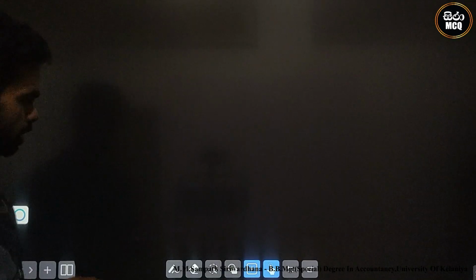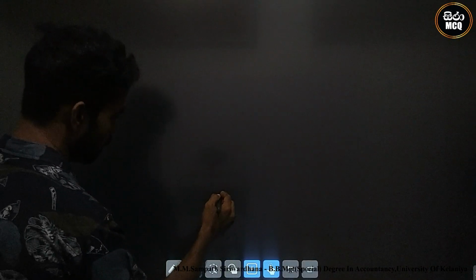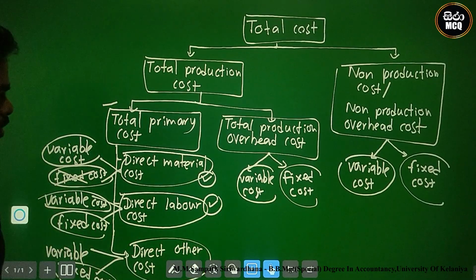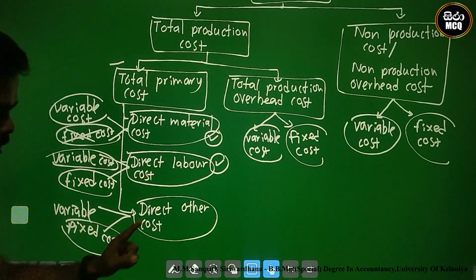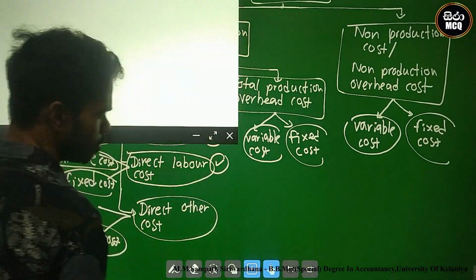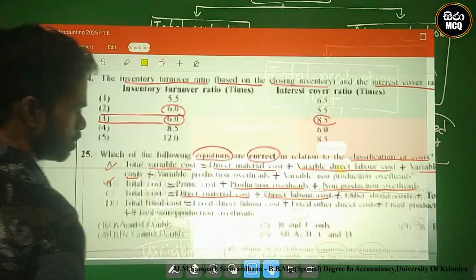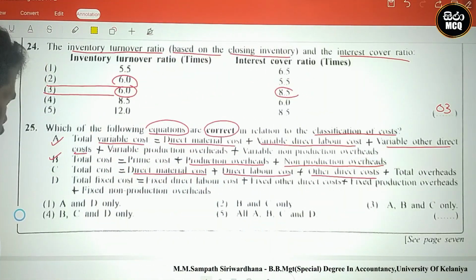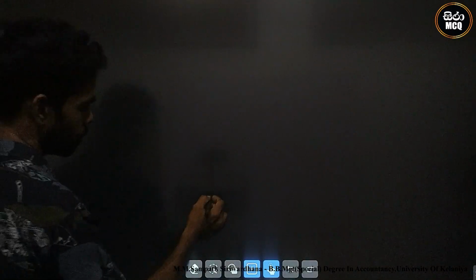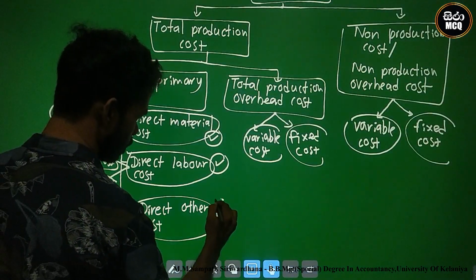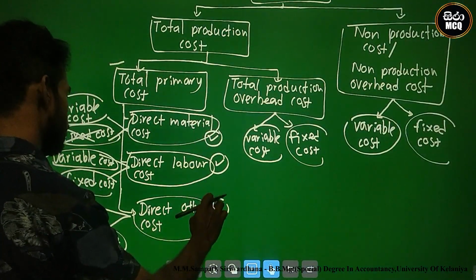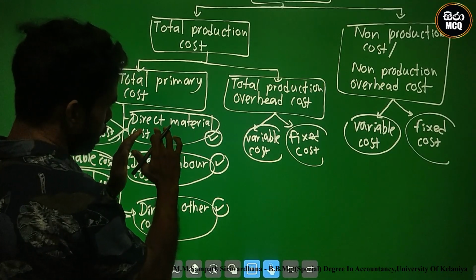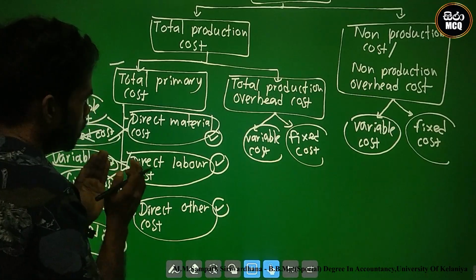Direct labor cost is there, primary cost. There are two categories that are okay. After that, other direct cost is there. Therefore, we can accumulate them, and we get these three categories in one category.